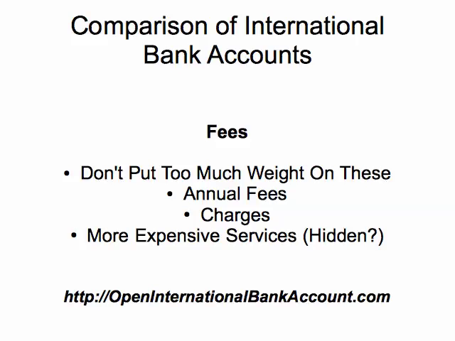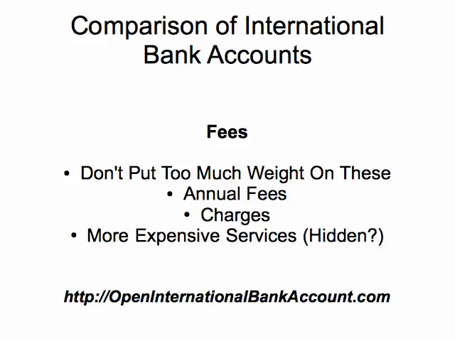So, for example, if one bank offers the essential facilities that you require, such as branches in the right location, mortgage currencies that you need, but charges more than the other banks that don't offer those services, then the more expensive banking service could well be the one for you. Another factor to consider is the hidden fees.